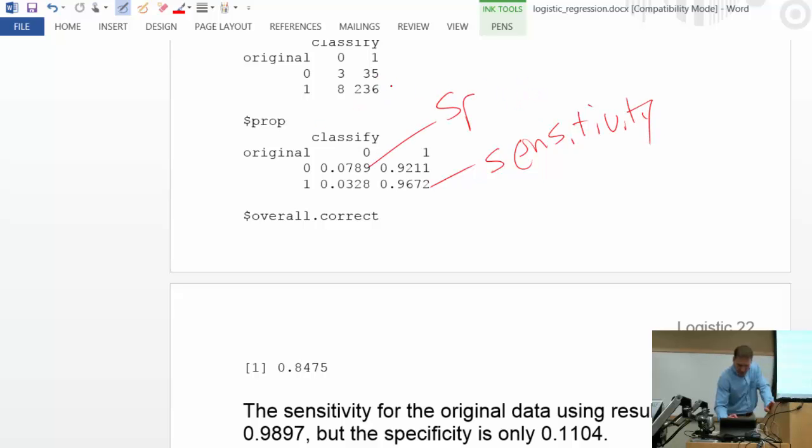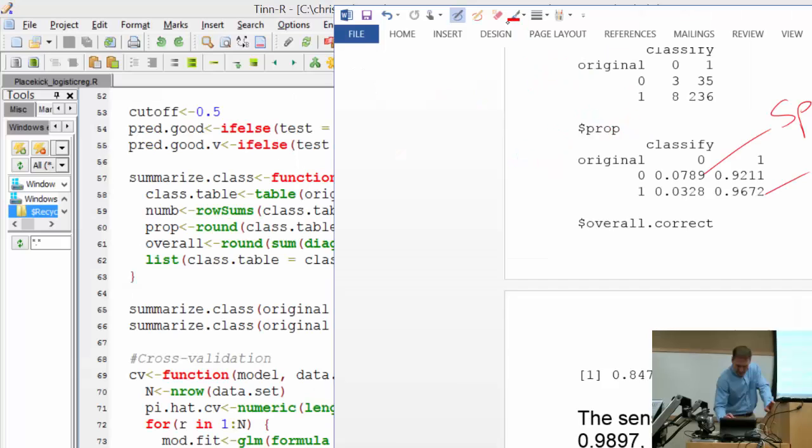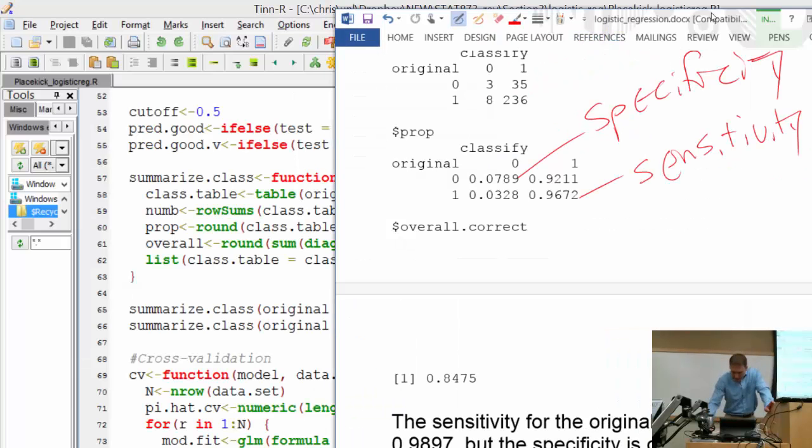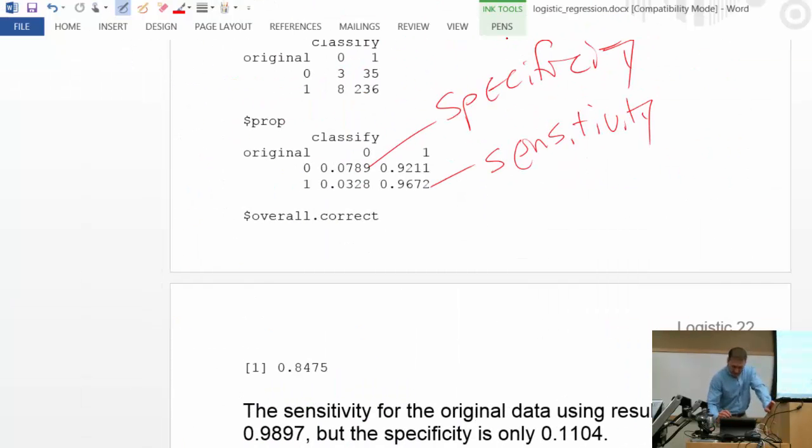My specificity is about 8%. There we go. My overall correct classification rate is about 85%. So what we're seeing here is somewhat actually similar results to what we were getting in the past.